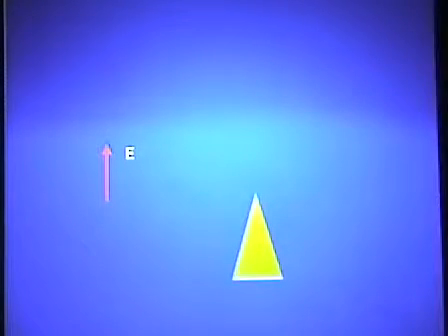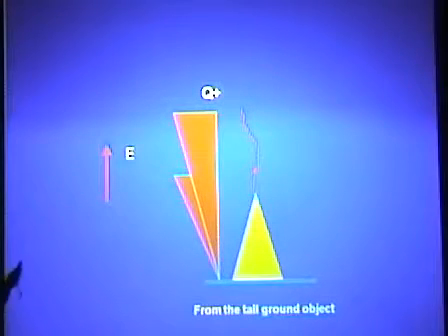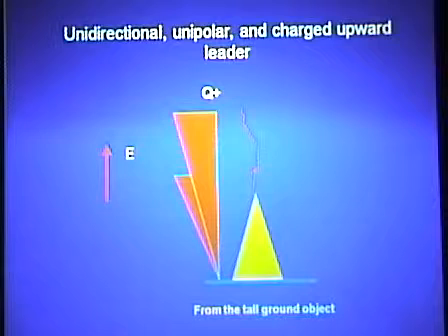Okay, so what happens when you have this tower type? This would be the tower, and in the electric field from a thunderstorm, you have charges on the tower, which are maximum at the top and 0 at the ground. And when you start moving the leader, the distribution changes, so we have current going, and as a result, we have a different picture of lightning development than that in nature in a thunderstorm.